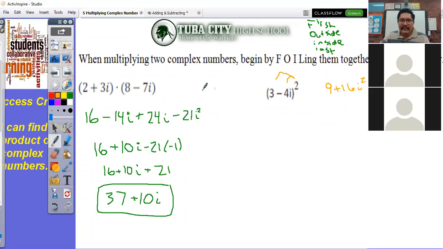Sometimes people make the mistake of distributing the power. So in this case, we have the power of 2 and we distribute it. So we square 3 and square -4i, so we get plus 16i squared. Okay, and again, that's not really right. But let's just see how different it actually will be when we do it the right way.